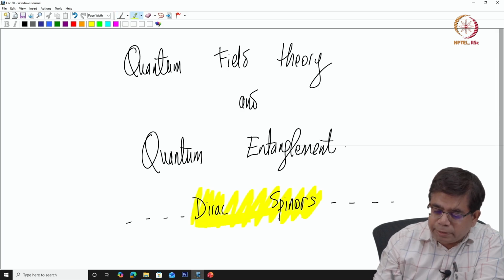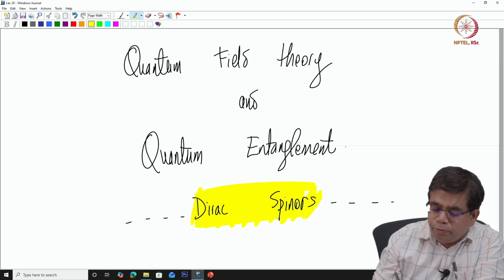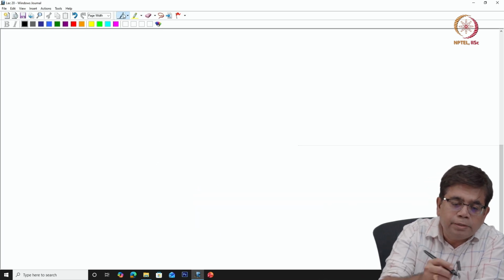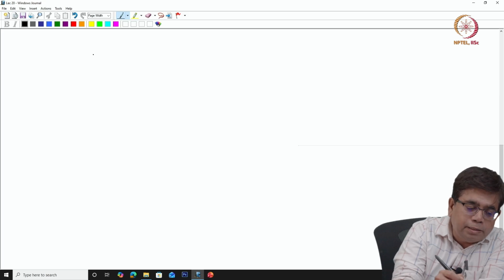And their properties essentially. Before moving further, let me just mention a couple of nice properties of the Dirac Lagrangian.